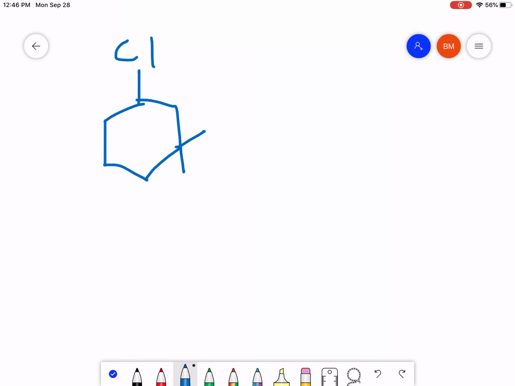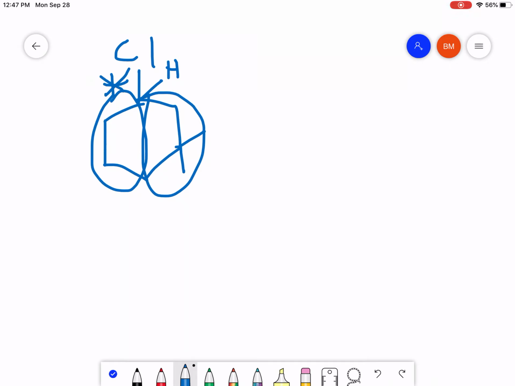We have a Cl, we have an H, and then we have the 2 halves of the ring. It should be clear here that one half of the ring has 2 methyl groups attached to it, whereas the other one does not have any. So, yeah, this one definitely is stereogenic right there. All right, let's bump it up a notch.